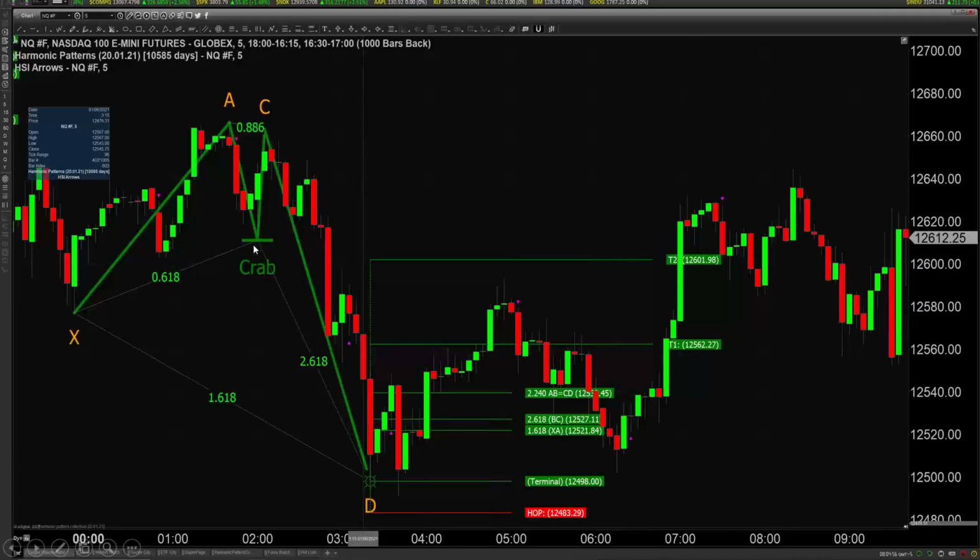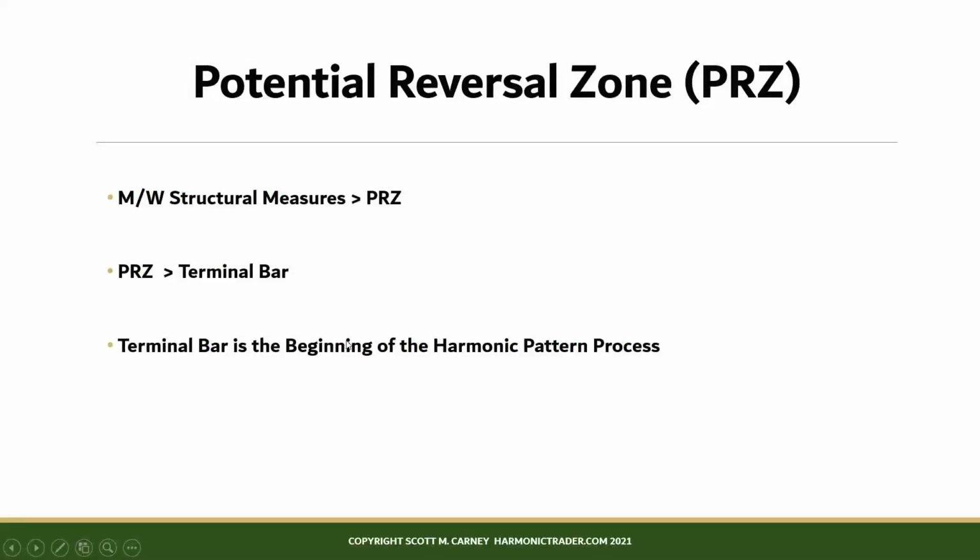If that B point was a 786, we would look for a butterfly at a much shallower level. So again, look at these M and W structural measures. That defines the PRZ. The B point triggers the primary XA measurement, and on that we build everything from there. Essential. That's why that XA measurement is so critical.